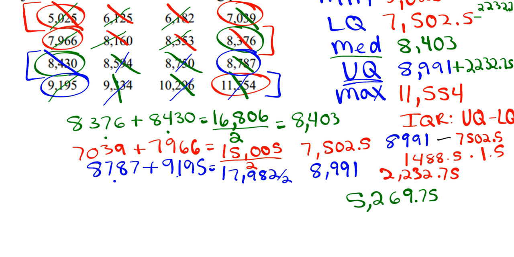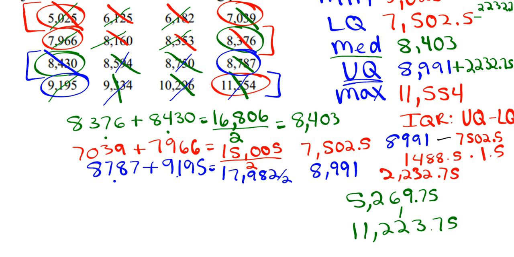That's our lower range. For our upper range, we add 8,991 plus 2,232.75, and that gives us 11,223.75. So all of my numbers need to be bigger than the bottom and smaller than the top.